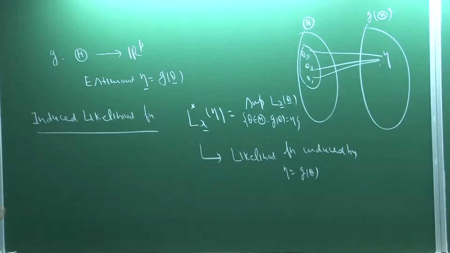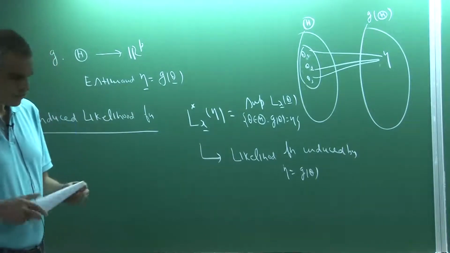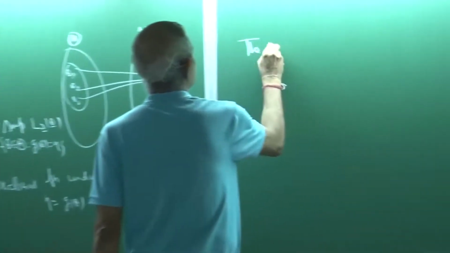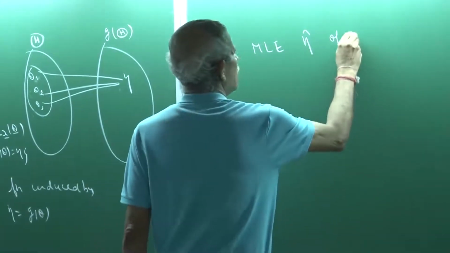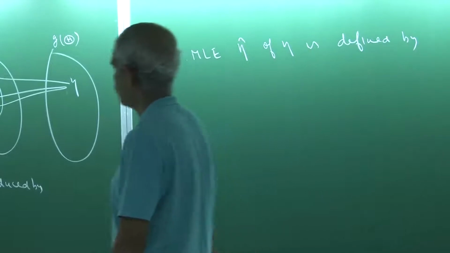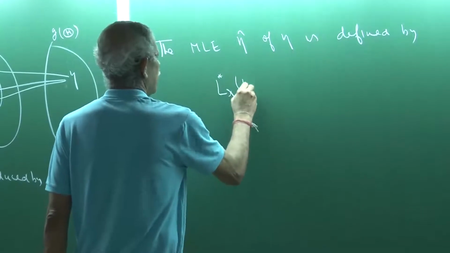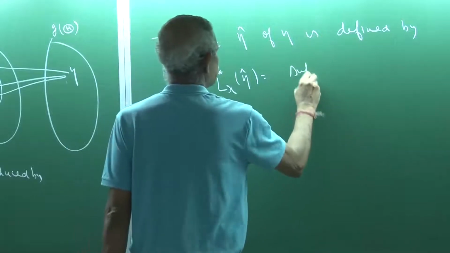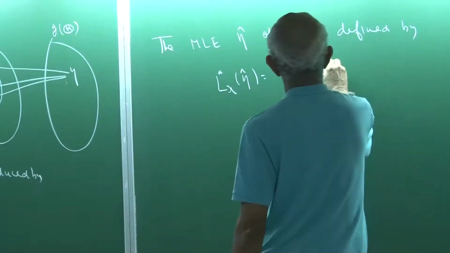Now one may think of maximizing this and then taking that estimate as the maximum likelihood estimate of eta. So we call it the MLE eta hat of eta, defined as follows. I try to look at the one which maximizes this. That means L_x star of eta hat should be the same as the supremum over eta belonging to lambda of L_x star of eta.